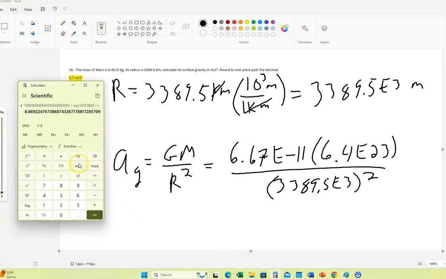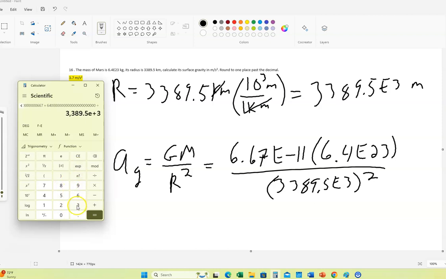All right, so let's clear this. So it is 6.67 times 10 to the minus 11th times 6.4 times 10 to the 23rd, divided by, all right, so we're dividing by the radius of Mars in meters, which is 3,389,500, or you put 3389.5 times 10 to the third.